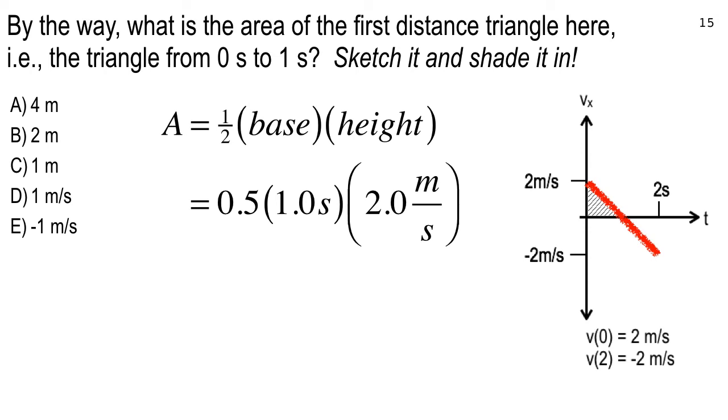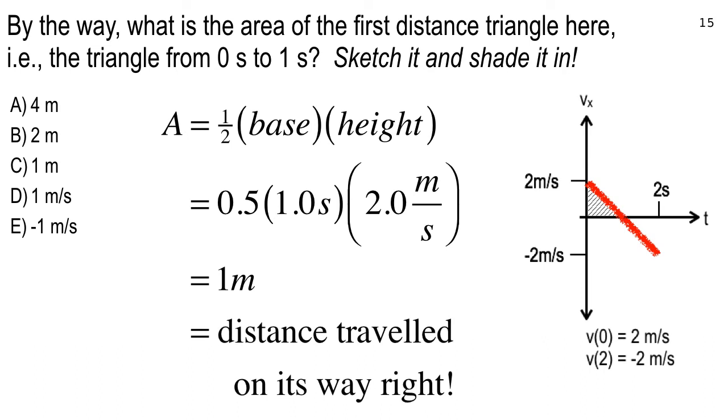So that works out to 1 meter. And that is the distance it travels. Go ahead and make a note. That is the distance you travel to the right. So C is the correct option on this one.